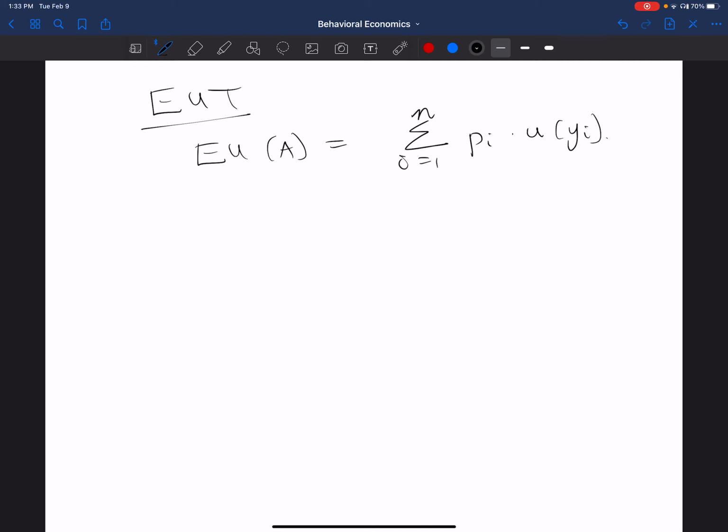And the assumptions that underpin this are what we call continuity and independence. Okay, now to talk about these, we're going to have to go back to that idea of a preference relation that we discussed previously.